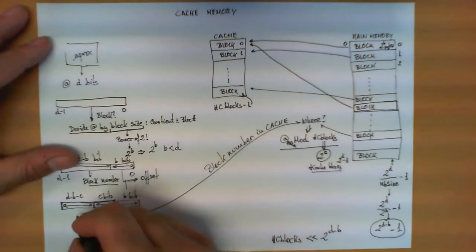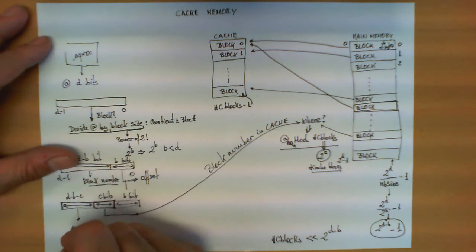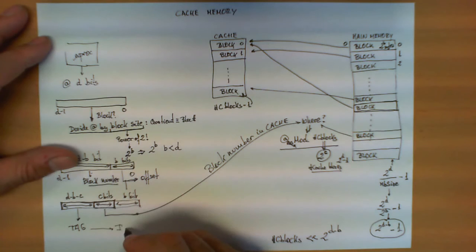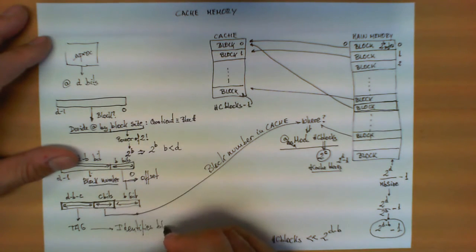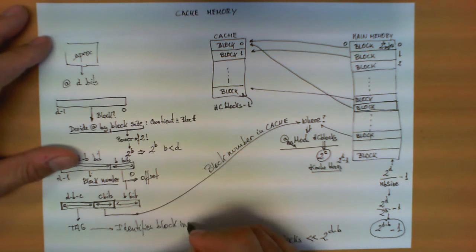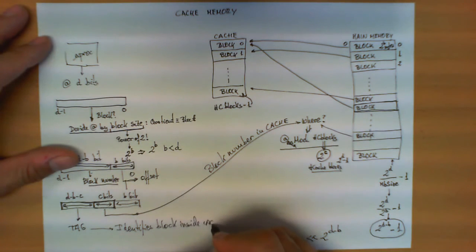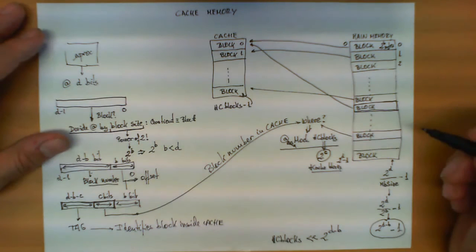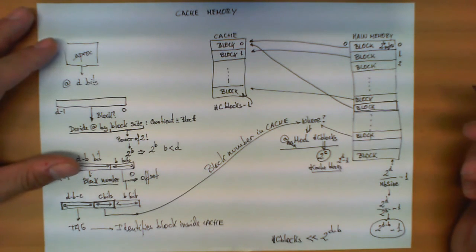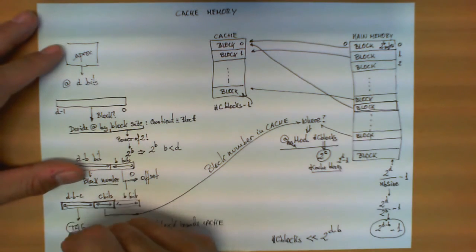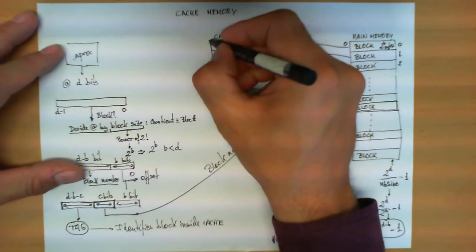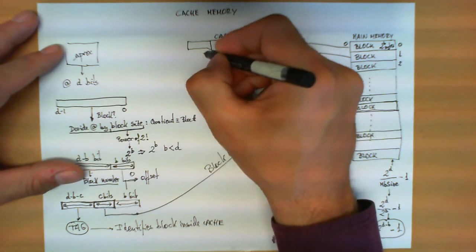And the answer is in this field. This field is what we call the tag. And the tag identifies the block inside the cache unequivocally. So what is going to happen is that the tag is also going to be stored in the cache memory.